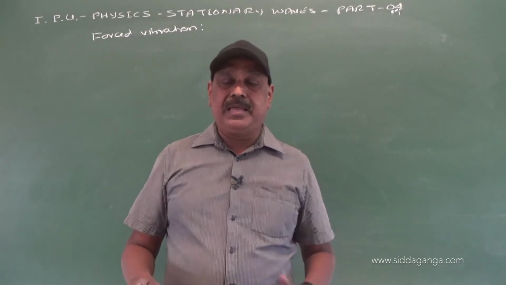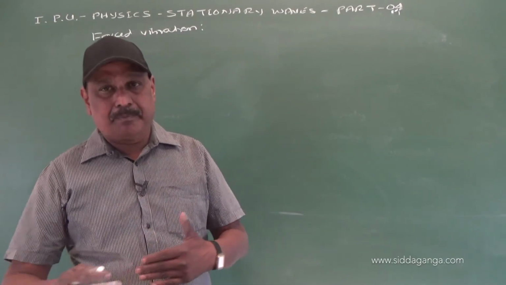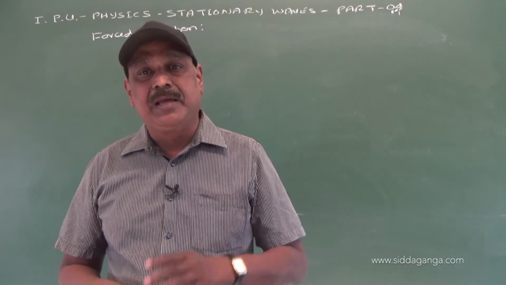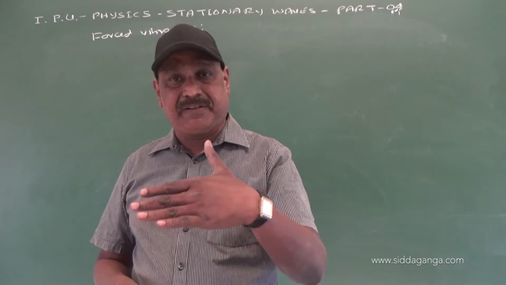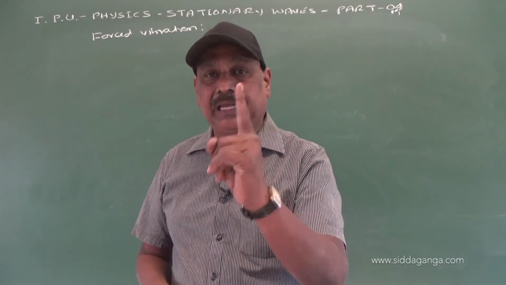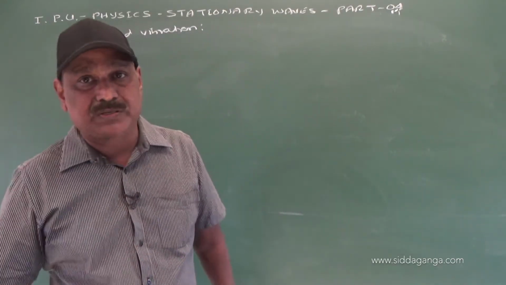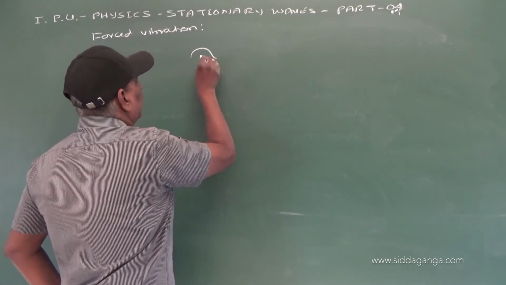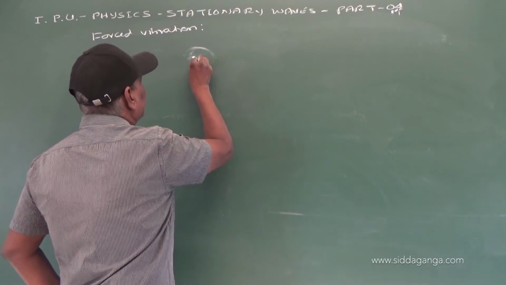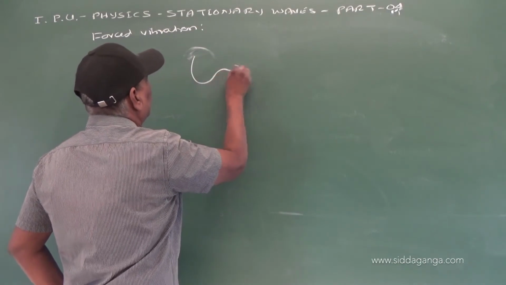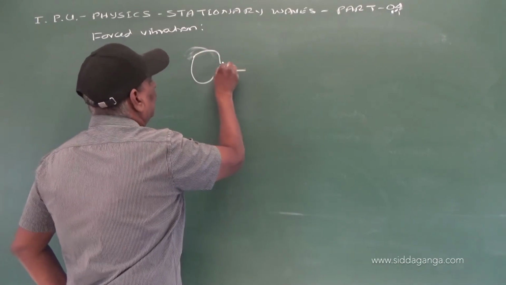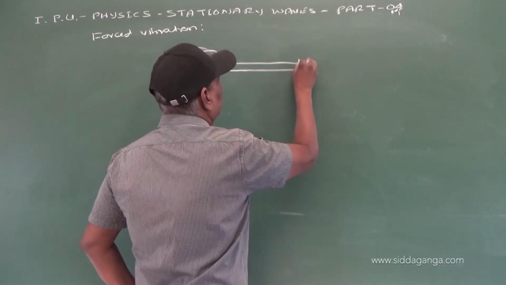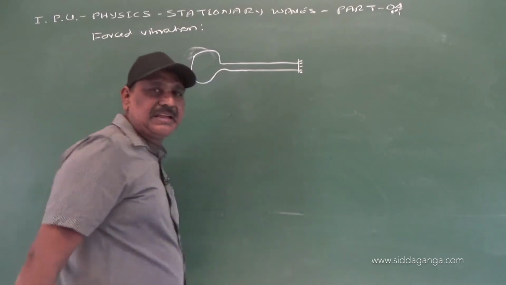Then the body does not vibrate with its natural frequency, but it vibrates with the frequency of the applied force. For example, when we take, I will write it, I am writing guitar.